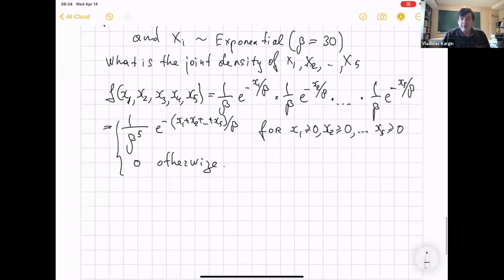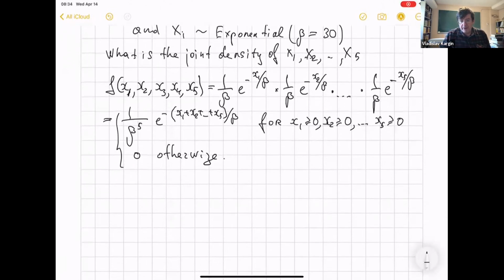One more thing about the expectations. As usual, you have the most important property of independent random variables. It's a theorem which we proved in the discrete case, and it's also valid in the continuous case.